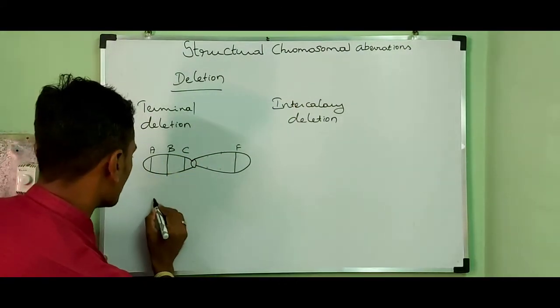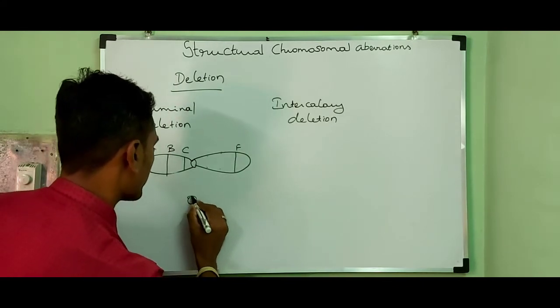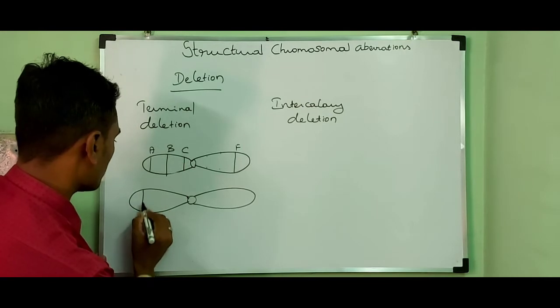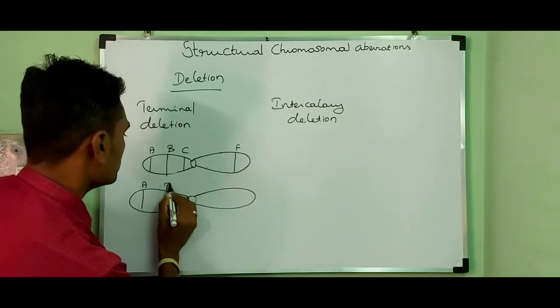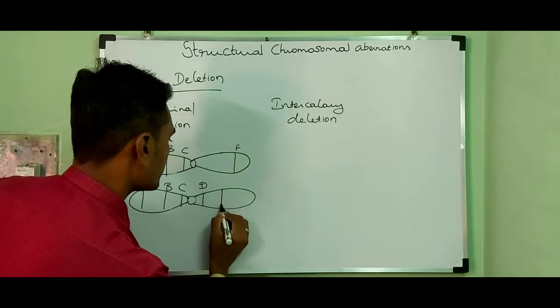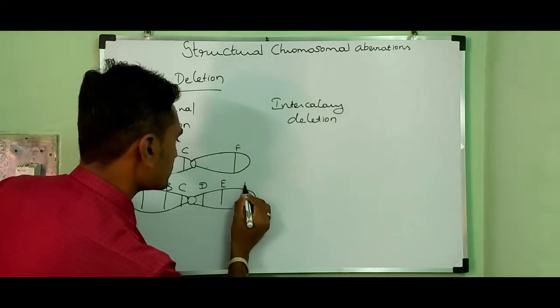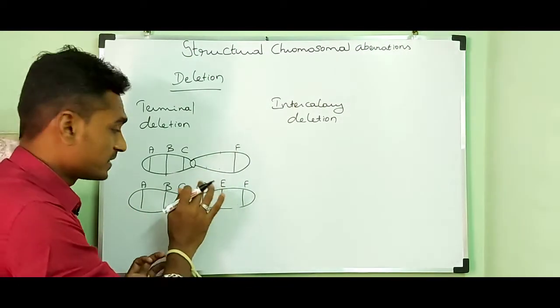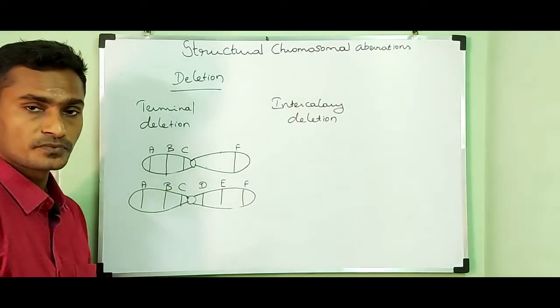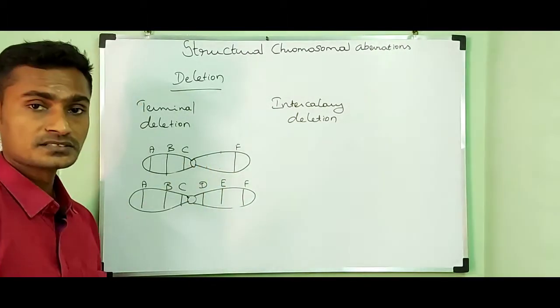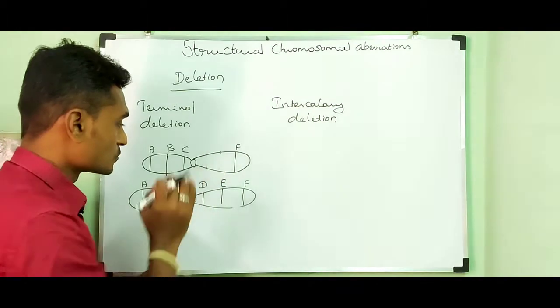So this is the normal chromosome. So capital A, capital B, capital C, then D, E and F. So when pairing takes place at the two chromosomes, this is the normal chromosome, this is the mutated, that aberration chromosome.